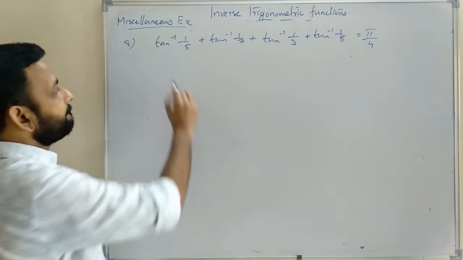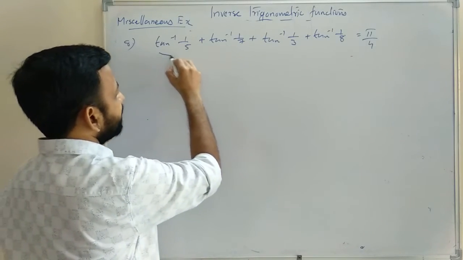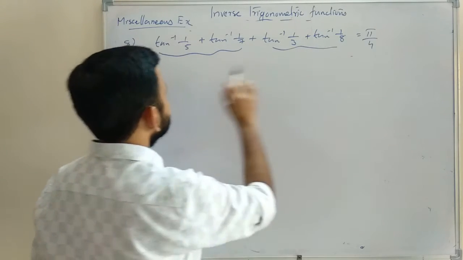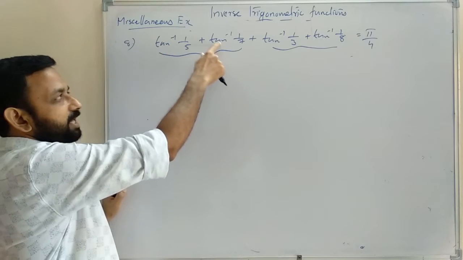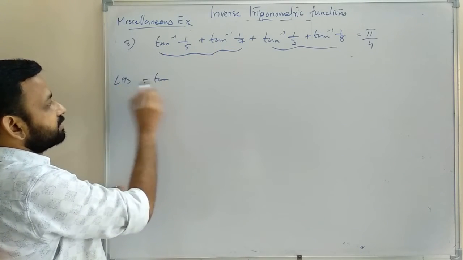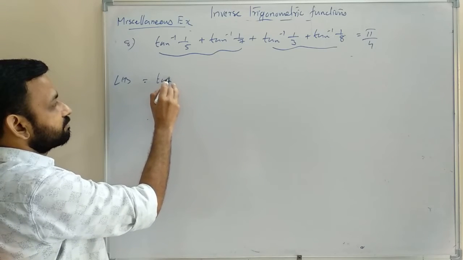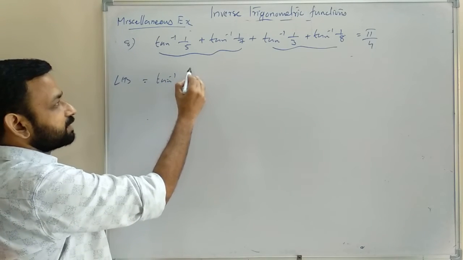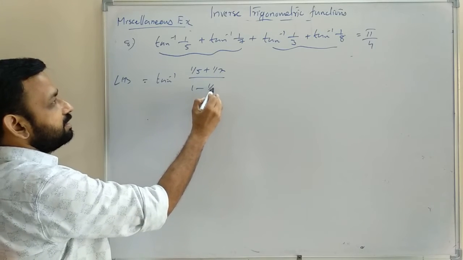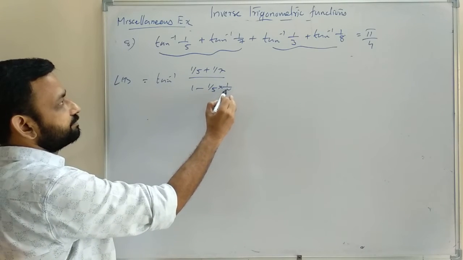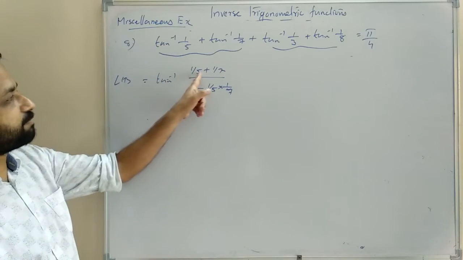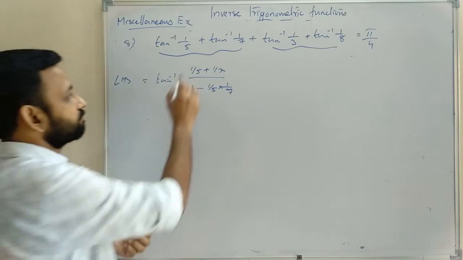Here, first we will apply the formula: tan inverse x plus tan inverse y is equal to tan inverse of (x plus y) upon (1 minus xy).